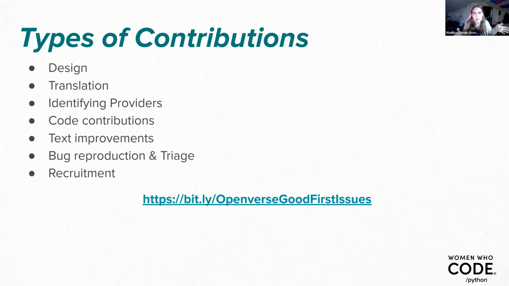So identifying a provider and saying, hey, this is an API that I found that could be added to Openverse, that's a huge benefit for us. Code contributions are a part of that, right? Being able to contribute code changes and submitting PRs, that's a piece of that.